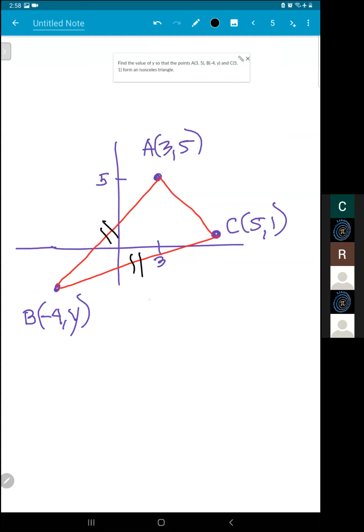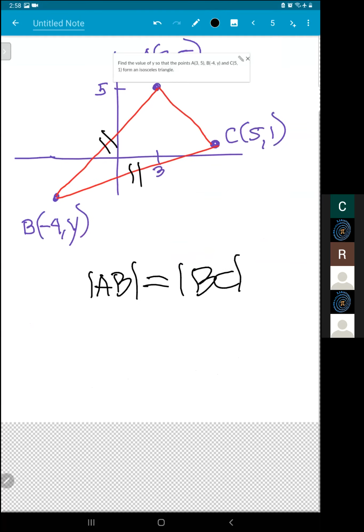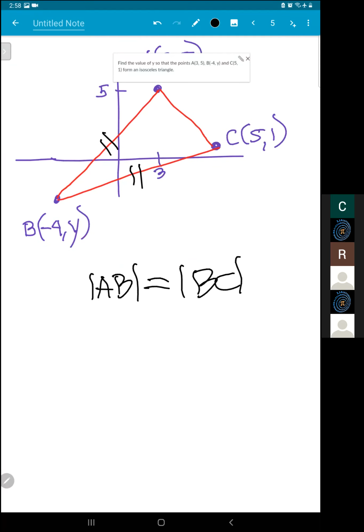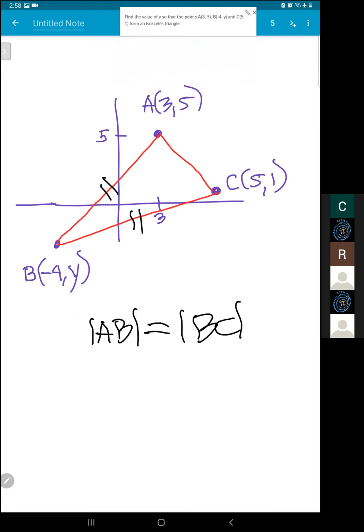But if you equate those two sides, the length of AB equal to the length of BC, you'll get a solution. This was explained in one of the asynchronous lectures. So use the distance formula to compute the length AB.